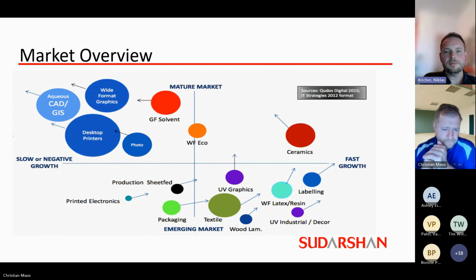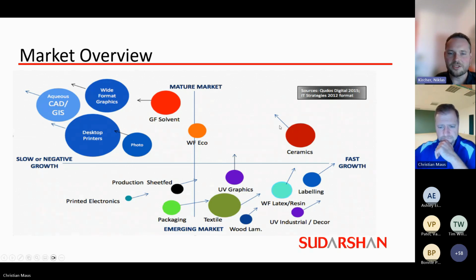As an example, look at the ceramics field. In the last 10 years, there was a complete shift from analog printing to digital printing. So almost 100% of the ceramic tiles in the world are printed digitally now.